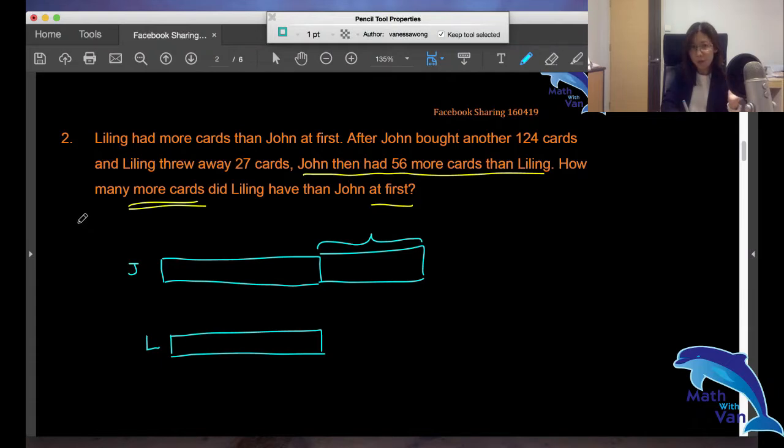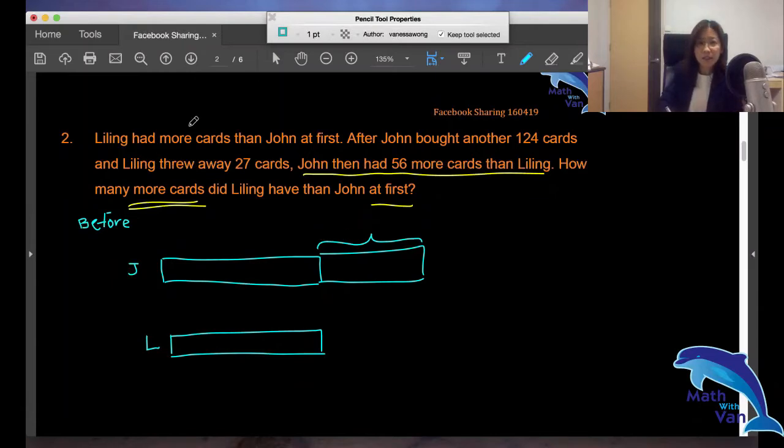So I'm going to work backwards to find out what is at first. I want to work out the stage where they are at first. So what do I do here? I need to reverse all the changes. And what are the changes here?